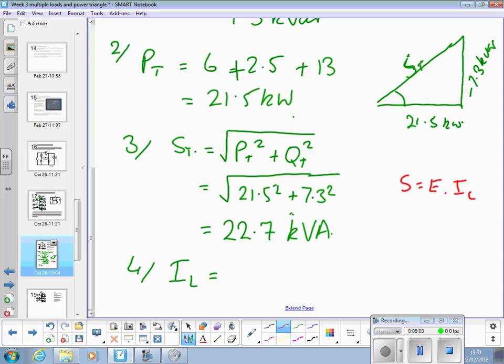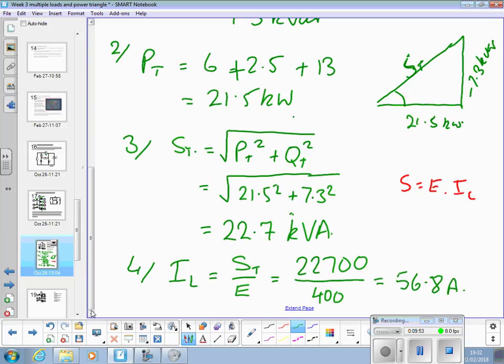So we can rearrange that: IL is S over E. We need 22,700 here, because our volts are in volts and not kilovolts. So 22,700 over 400 equals 56.8 amps.